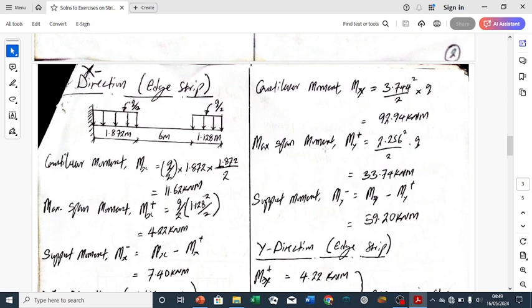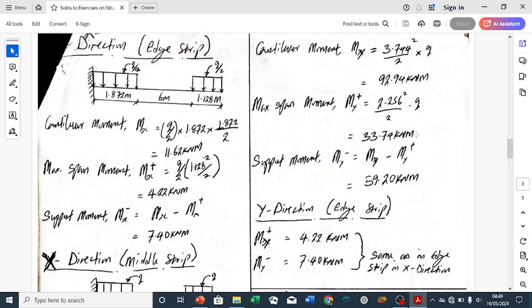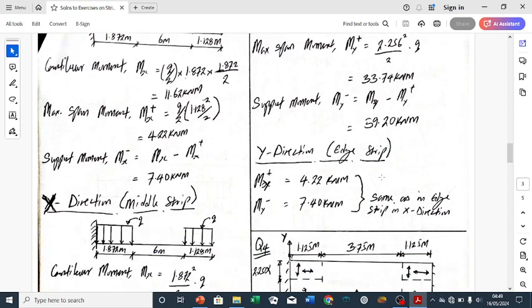So the maximum span moment will now be using the other distance, which is 6 alpha, 2.256. So you have 2.256 squared over 2 multiplied by Q. That will give us the maximum span moment. And of course, the support moment will now be the cantilever moment minus the maximum span moment. And that gives us 59.2.